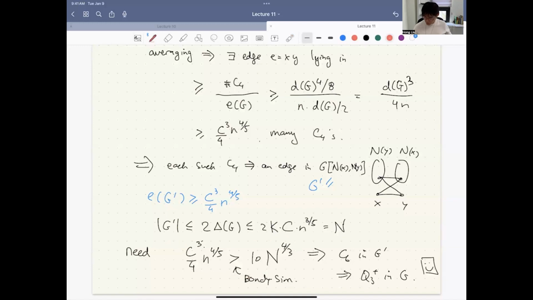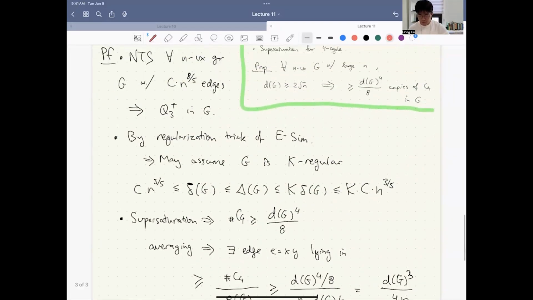So here we require C much bigger than K, like some function of K. Any question? A simple proof. Use of supersaturation. Next.